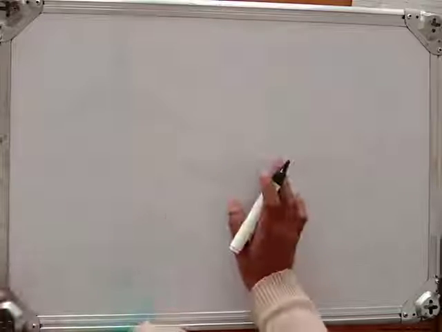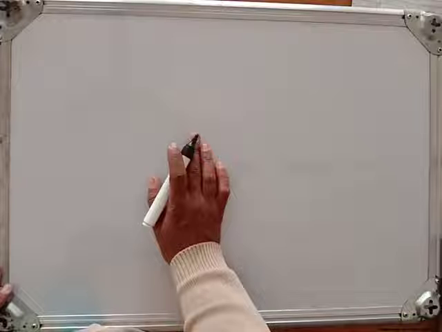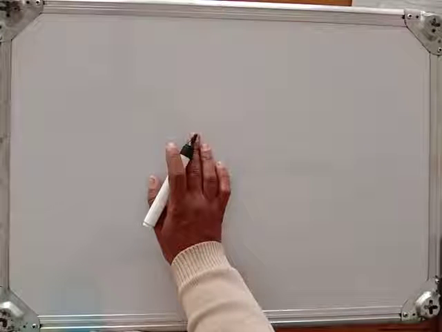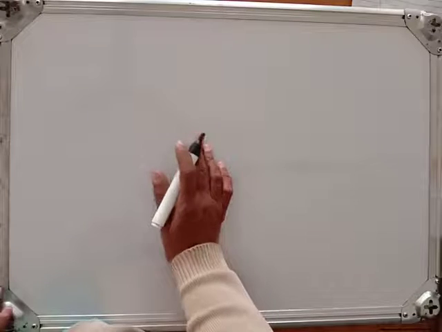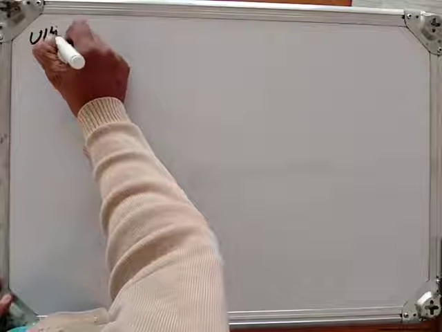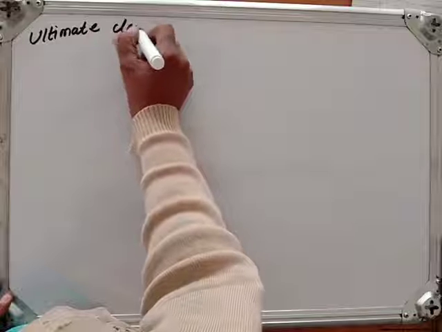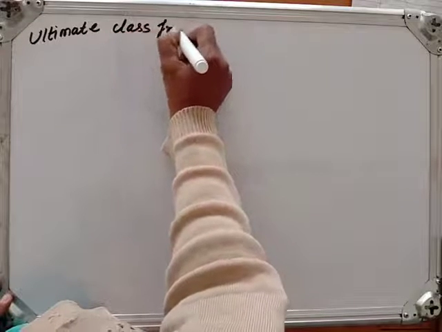Hello students, in the previous video we have seen the relation between class frequencies, various notations, order of class, etc. Now let's see the next term, that is ultimate class frequency.